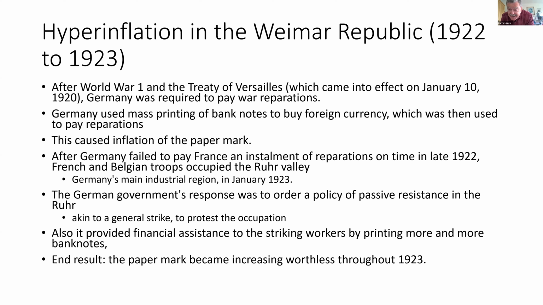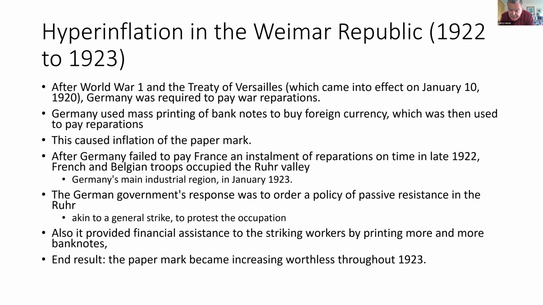Presumably it was a desperate effort on the part of Weimar Germany to try and get the monies for the reparation payments. Okay? And then what happened was the German government said, well, we've got to protest this occupation, and did so by having effectively a general strike.